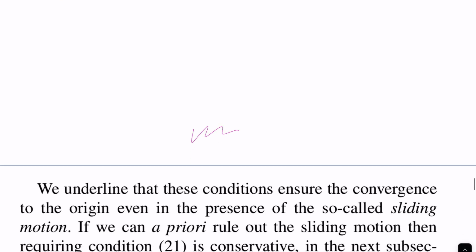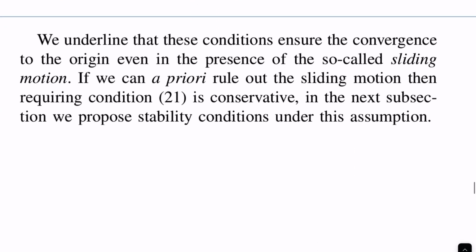All right, let's keep on going. So we understand that these conditions ensure convergence to the origin, even in the presence of so-called sliding motion. For example, we would have system number 1 and system number 2. When we have something like that, we would call it switching.